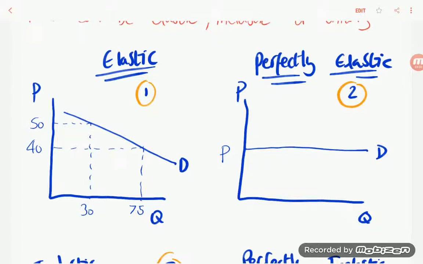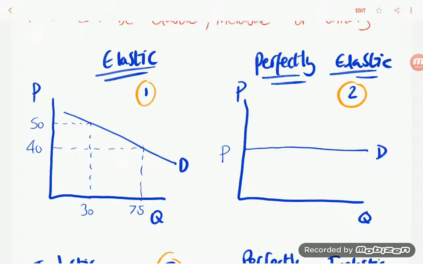So if you were to plug all those numbers in and do some percentage changes, the figure would come up as minus 7.5. To work out that percentage change, you would do 45 over 30 times 100 divided by minus 10 over 50 times 100. And that would give us minus 7.5.